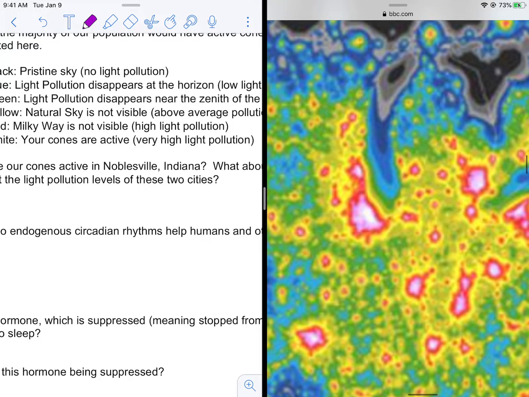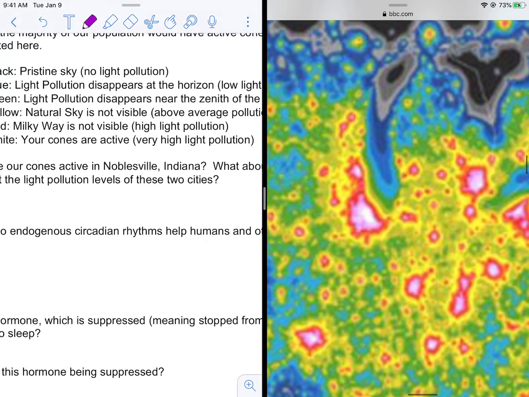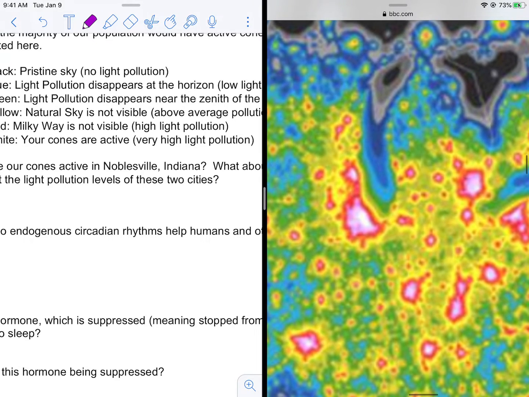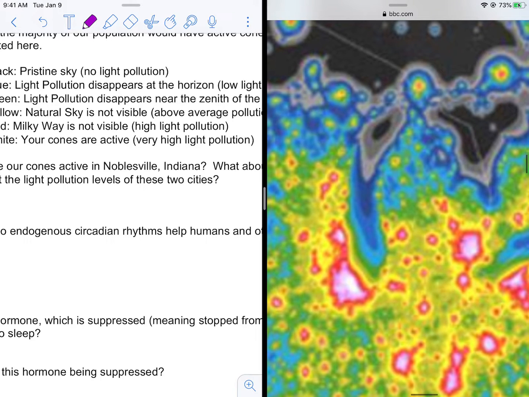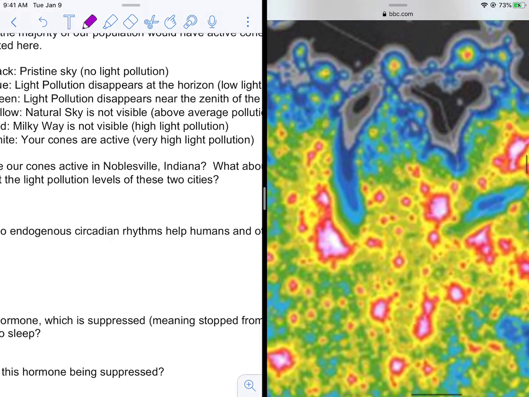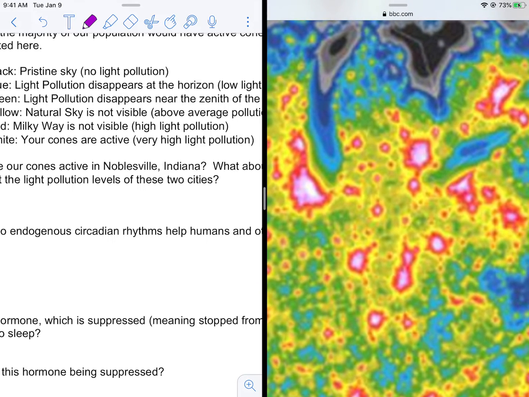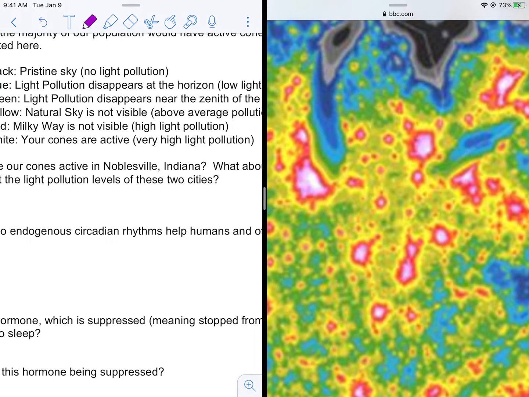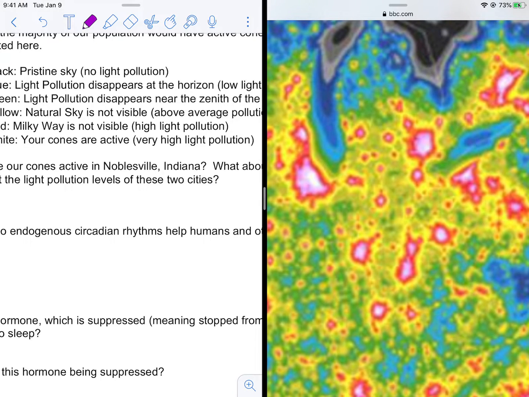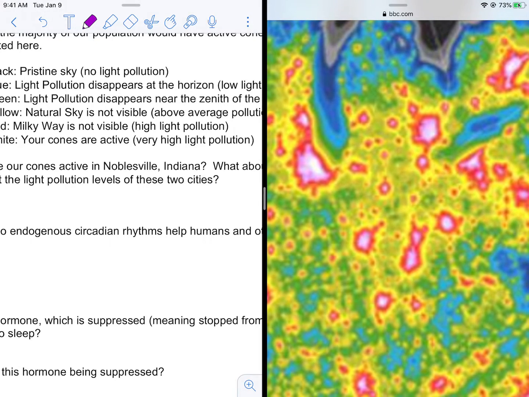Now, that really big splotch of pink, white, and red to the lower left-hand corner of that blue inlet would be Chicago, okay? So if that's Chicago, that tells us that Indianapolis is the next biggest red and white dot that is to the lower right-hand corner of Chicago, okay?